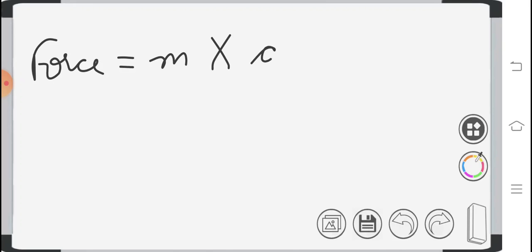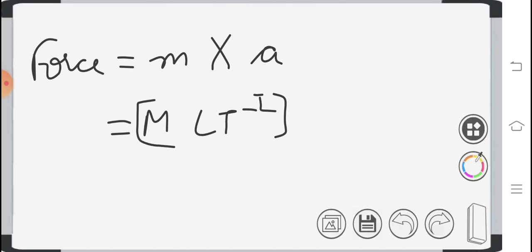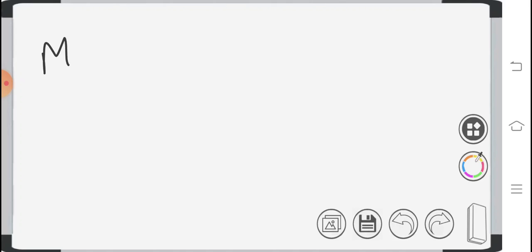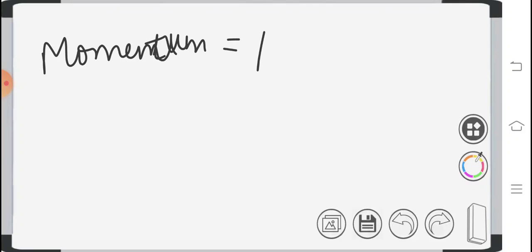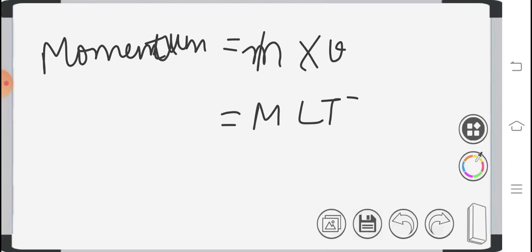This is the dimensional formula for acceleration. Then let's come to force. Force is mass into acceleration. Mass is M, acceleration is L T to the power minus 2. Simple. Then let's come to momentum. Momentum is the product of mass and velocity. Mass is M, velocity is L T to the power minus 1.